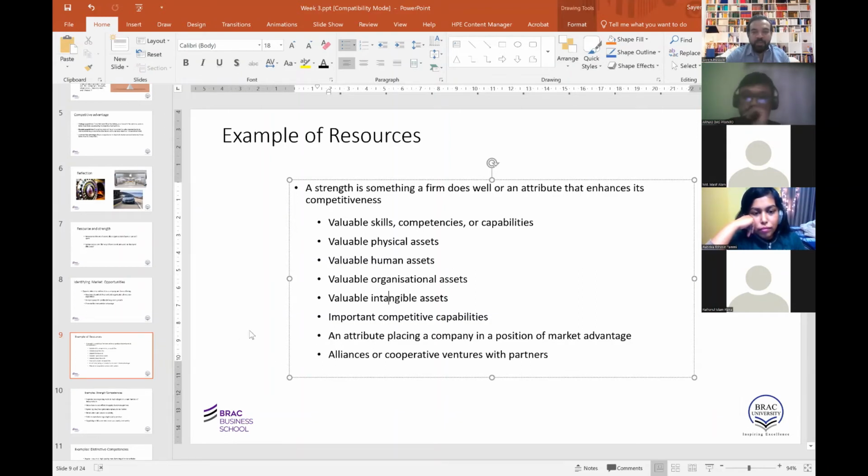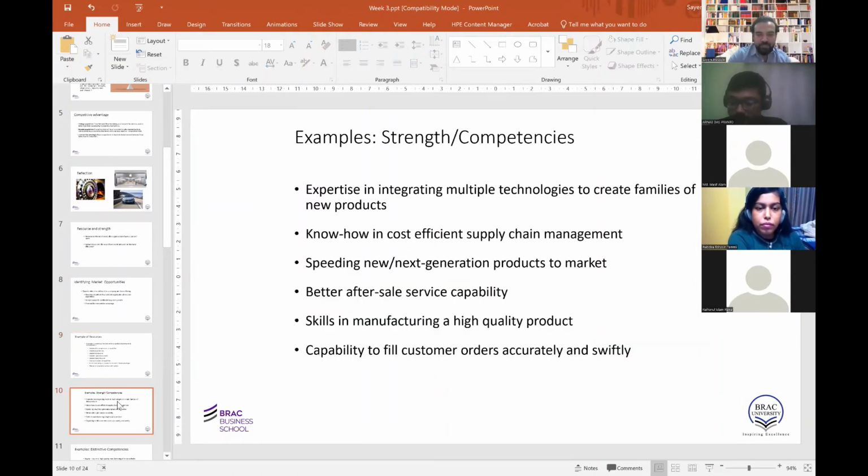These are some examples of what the resources could be. So it's all to do with your physical assets, your human assets, your skills and competences, your capabilities. But what are the competences?